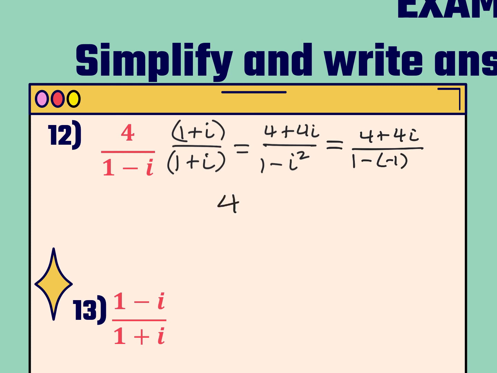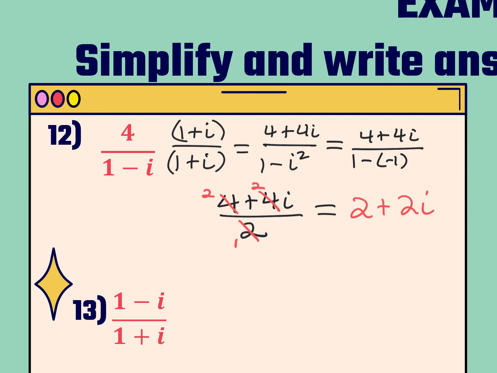So now I have 4 plus 4i over 2. And now I need to reduce this. Whenever I simplify, I need to be able to divide the 2 into both numbers. So this will become a 2, and this is a 2i. So my final answer here is 2 plus 2i. Whenever you go to reduce this fraction, that denominator needs to be able to divide into both numbers.